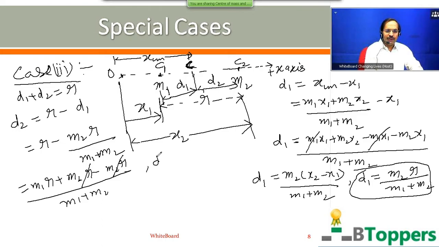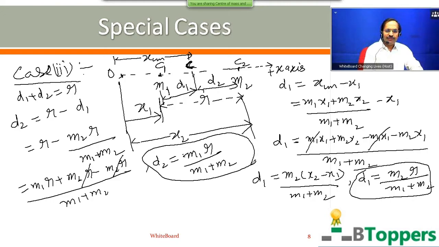So you get d2 equal to m1r by m1 plus m2. So d1 is given by m2r by m1 plus m2. d2 is given by m1r by m1 plus m2. Now we can divide d1 with d2.